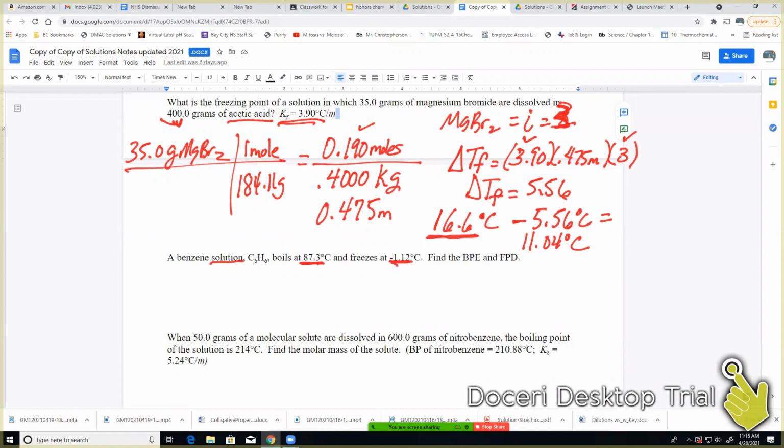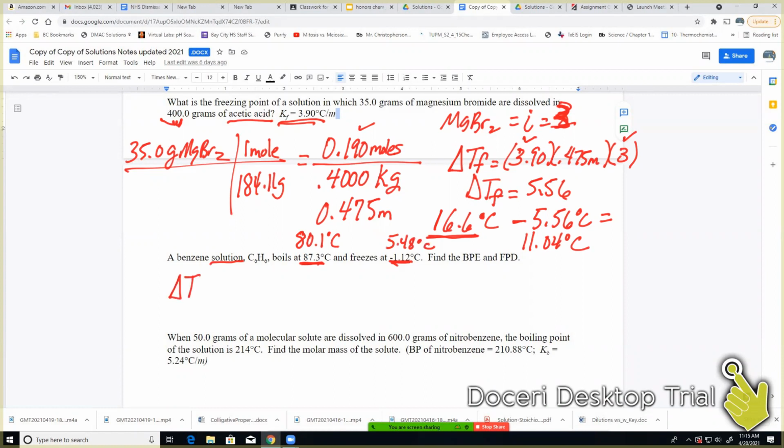So if I look at benzene on my chart above, I see that originally it boiled at 80.1 degrees Celsius, and its original freezing point was, looking at my chart, 5.48 degrees Celsius. So like I said in class with the notes, my delta, my change, is always a positive number because it's just how much is changing.